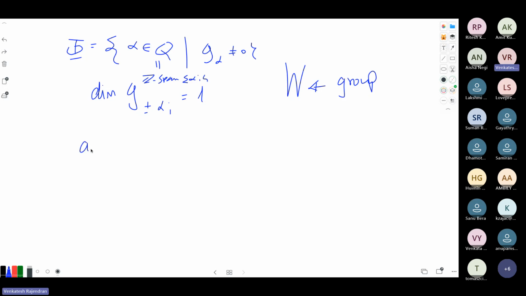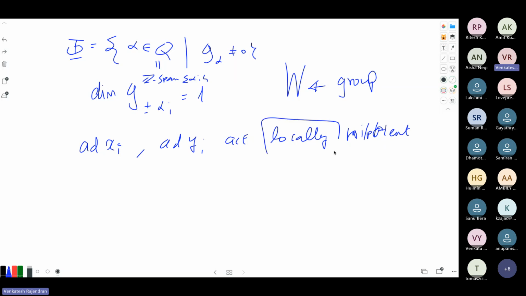So you have to see that ad of xi and ad of yi act locally nilpotently. You can't say nilpotent because you are not working in a finite dimensional space. We need to prove that, so you can check it is a locally nilpotent action.